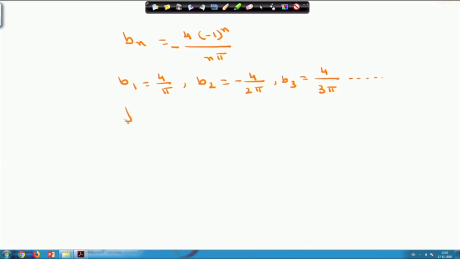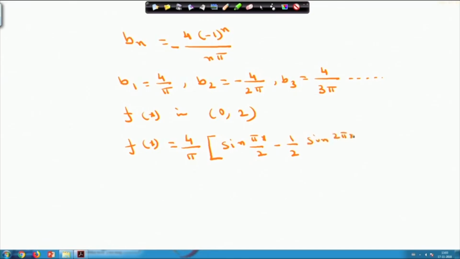So, Fourier series of f x in the interval 0 to 2 then becomes f x equals 4 by pi into sine of pi x by 2 minus half sine of 2 pi x by 2 plus 1/3 sine of 3 pi x by 2, and like this way it will go on.